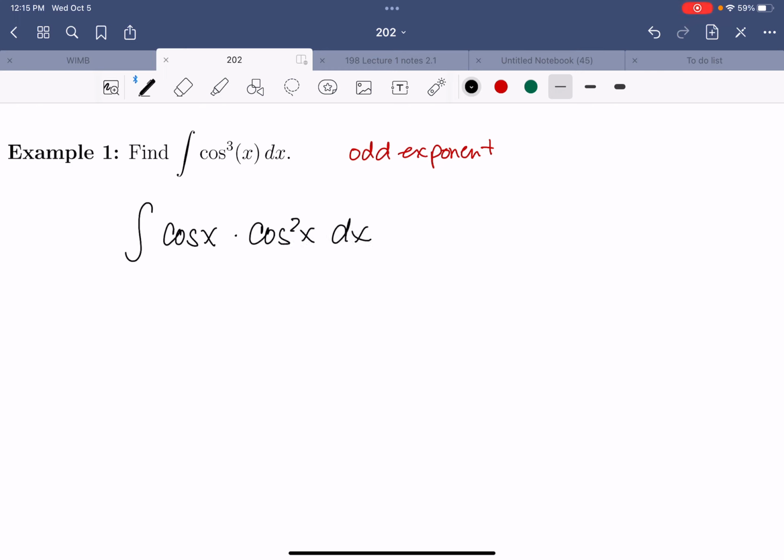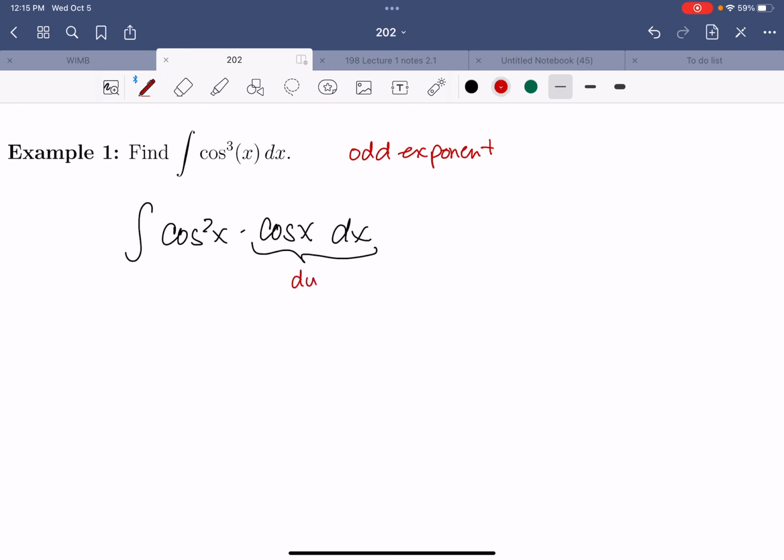And I do that because I want this to be the derivative. I want to be able to use that as my du. So I want this to be du.